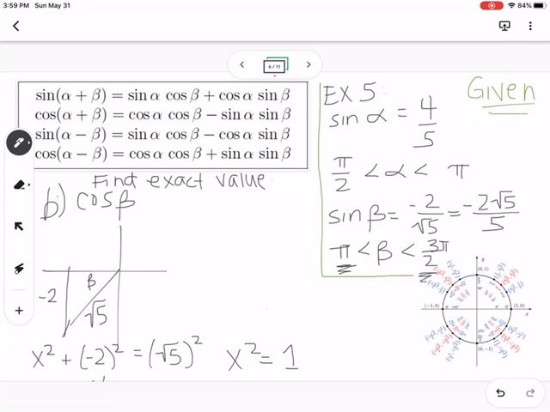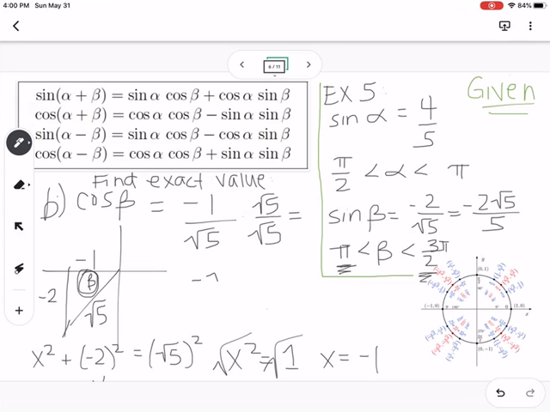So our x is going to be equal to negative 1, because we're taking the square root, but we know it's negative because it's to the left of 0, okay? So the cosine of beta is our adjacent, negative 1, over our hypotenuse, which is radical 5. Please make sure you rationalize, so we multiply radical 5 over radical 5 and get negative radical 5 over 5.